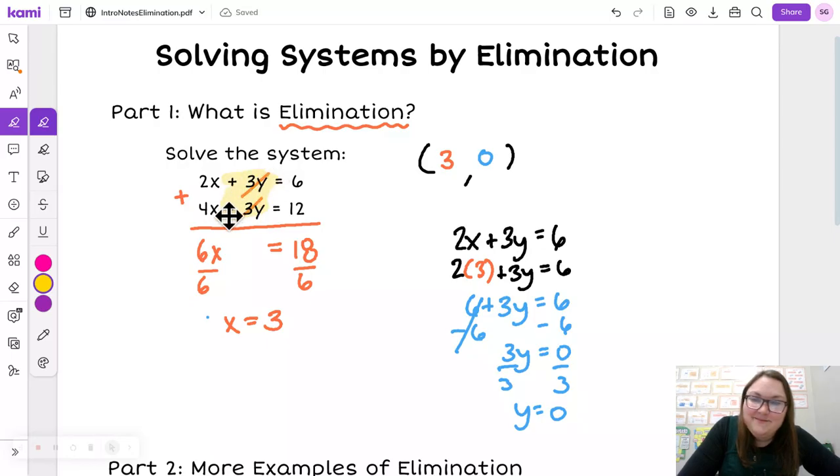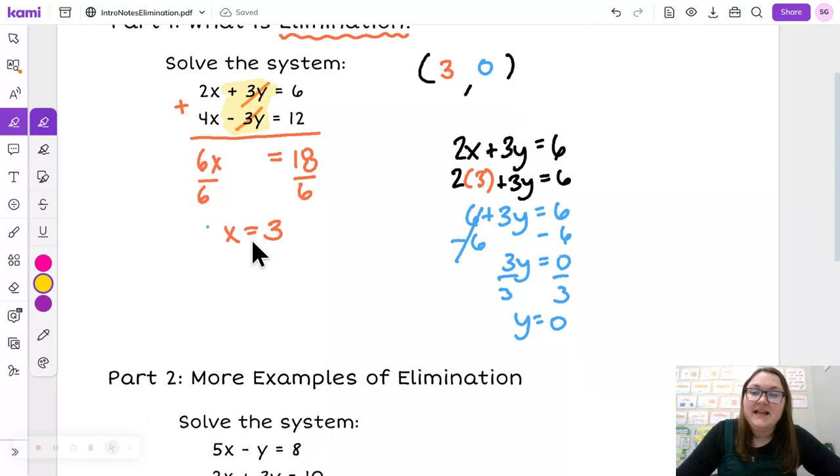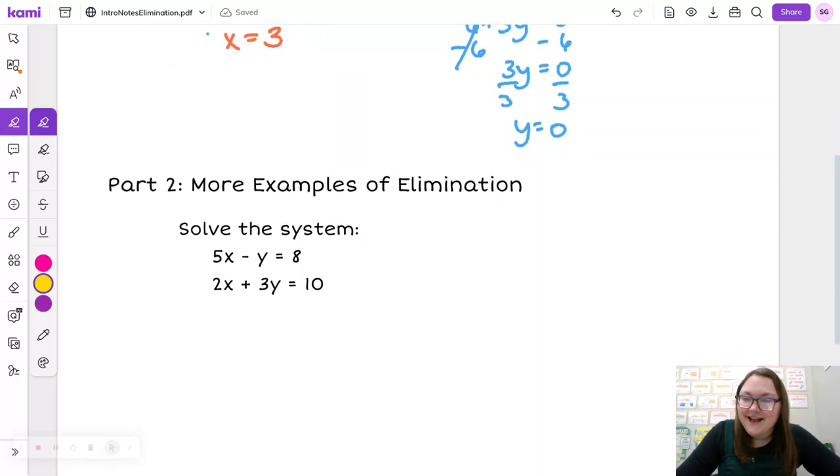The part that eliminated in this system was our y, and it eliminated because we had one y with a positive 3 in front and another y with a negative 3 in front. If you want something to eliminate, you need those signs to be different and the number in front, the coefficient, to be the same. That does not always happen though.